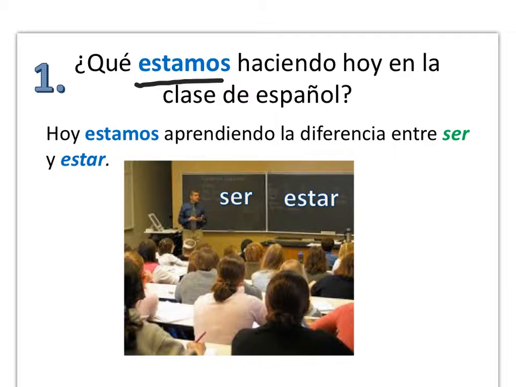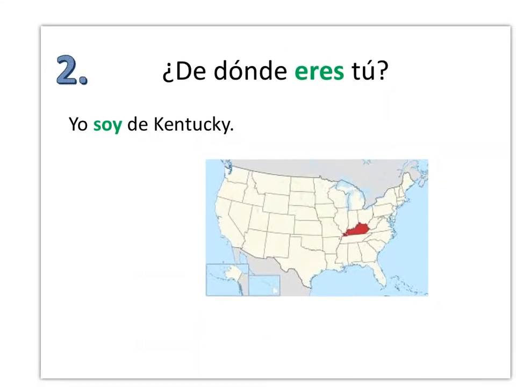Estamos aprendiendo la diferencia entre ser y estar. María está sacando una foto. Ustedes están escuchando. Un uso del verbo estar. Pero aquí tenemos otro ejemplo, otro uso.